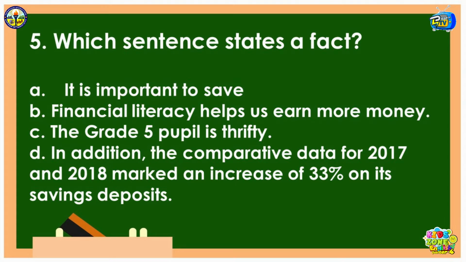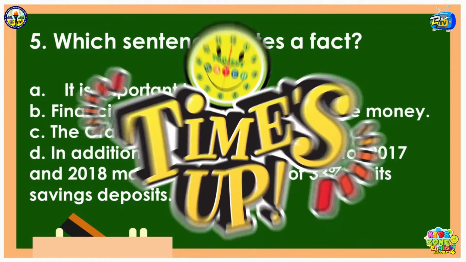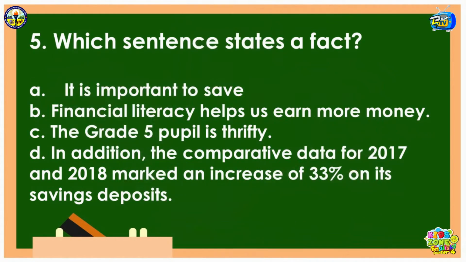D. In addition, the comparative data for 2017 and 2018 marked an increase of 33% on its savings deposits. Time's up! What is your answer? Correct! Letter D. In addition, the comparative data for 2017 and 2018 marked an increase of 33% on its savings deposits.